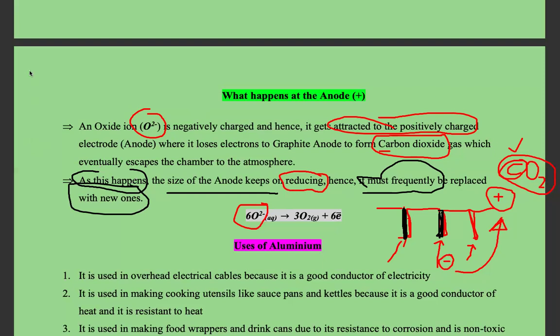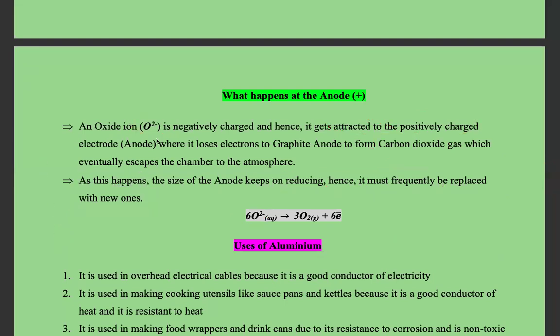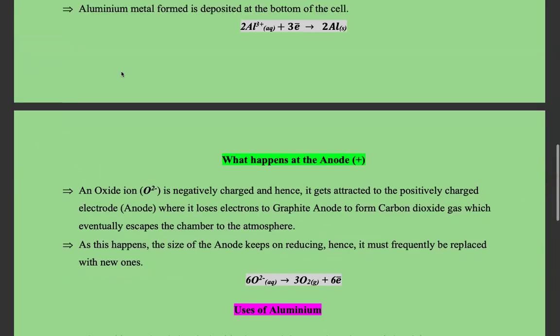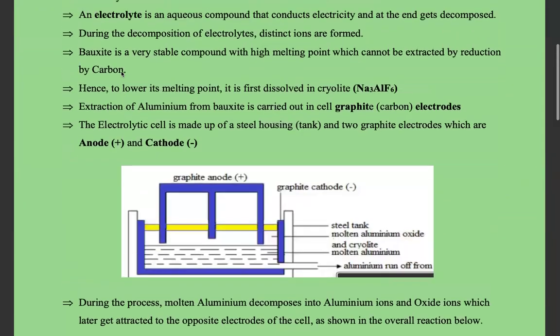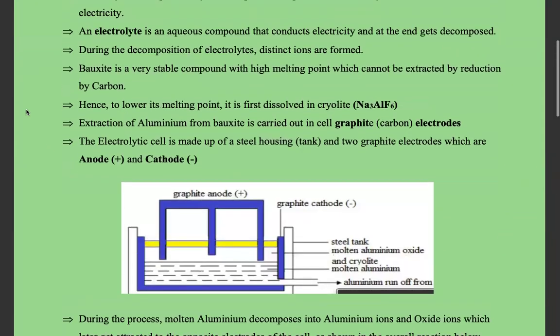So that's what happens. Once this process is done, then we're going to run our aluminium off the chamber. That's why this cell shows the exiting point for aluminium at this point. Because aluminium is heavy, we get it out of this chamber right from the bottom. And this aluminium will be collected in a molten form.